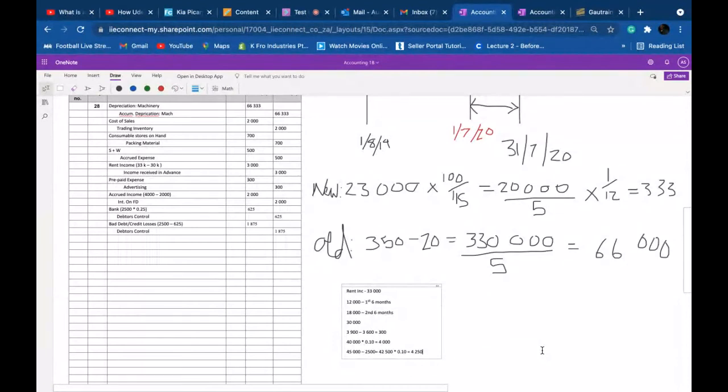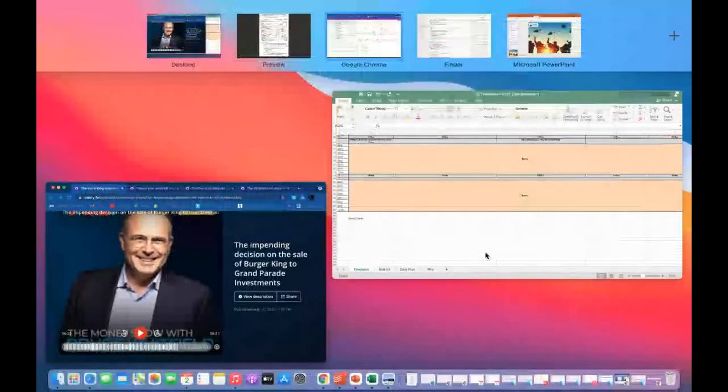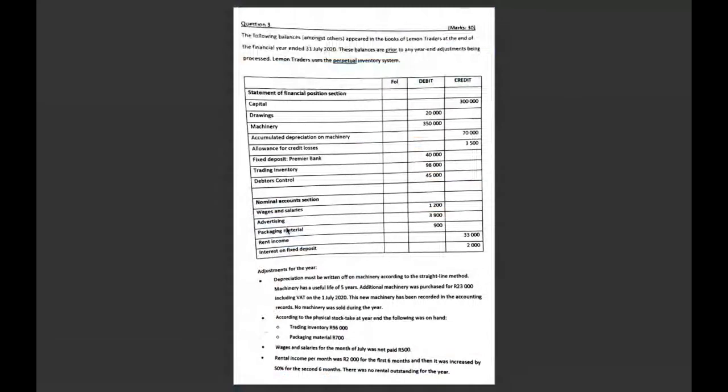Then that's what we want to adjust our allowance for credit losses to. So we go and say, but wait, what is our current allowance for credit losses? If you look there, you see allowance for credit losses is 3,500. So we're adjusting this upwards. Remember allowance for credit losses, you can see it's in the statement of financial position. That is your negative asset.